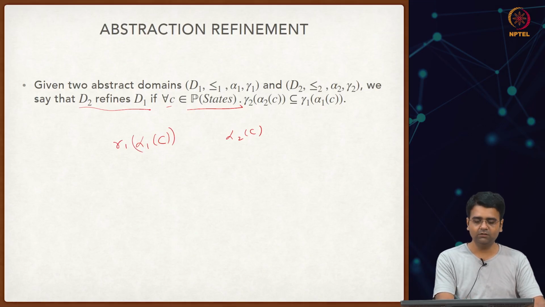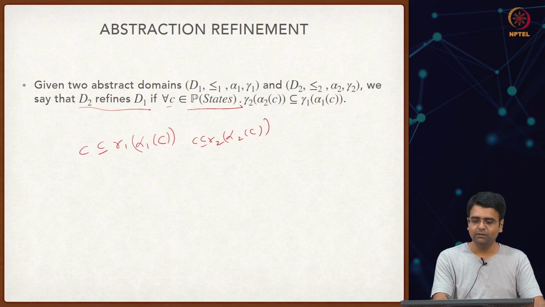Gamma 1 of alpha 1 of C is going to be another set of program states, and we know that C is a subset of gamma 1 of alpha 1 of C, and similarly C is also a subset of gamma 2 of alpha 2 of C, because when you abstract something and concretize it back, you are introducing some over approximation.